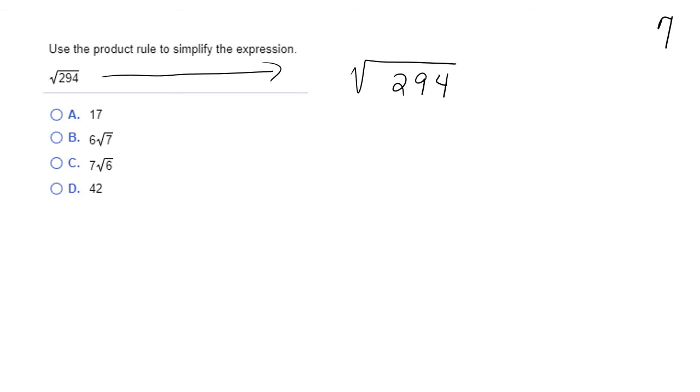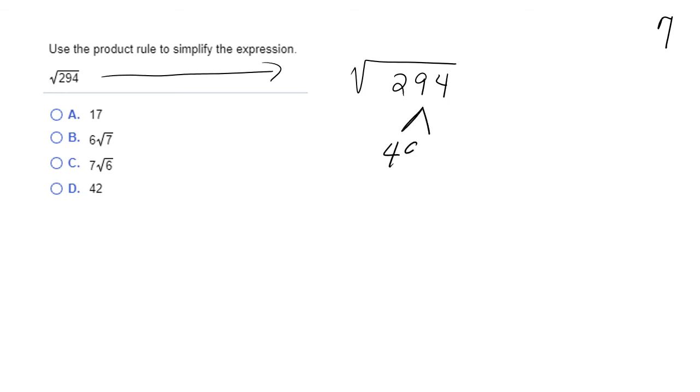So 294 divided by 9, which is the next perfect square number, does not divide evenly. 294 divided by 16, which is another perfect square number, does not divide. 294 divided by 25 does not divide. 294 divided by 36 does not divide. 294 divided by 49 does divide evenly.